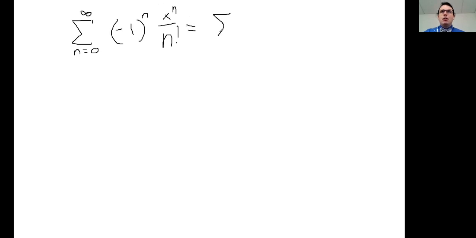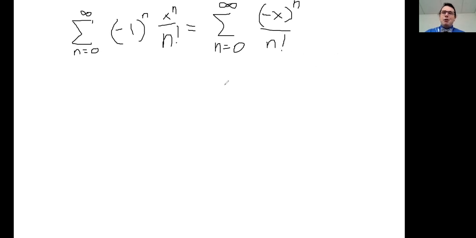So I'm going to gather everything up that has that exponent n on it. There's a minus 1 to the power n, and there's an x to the power n. So I can say this is the same result as taking the number minus x and raising that to the power n, dividing this whole term by n factorial.